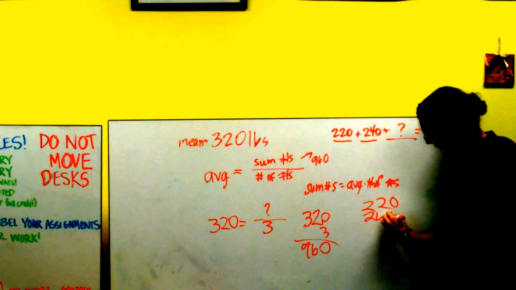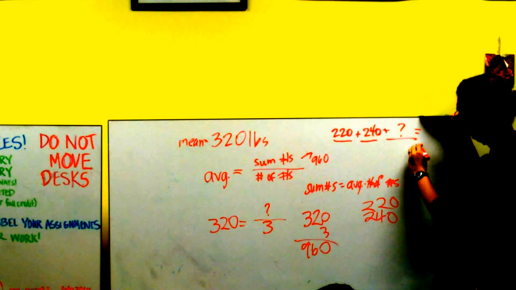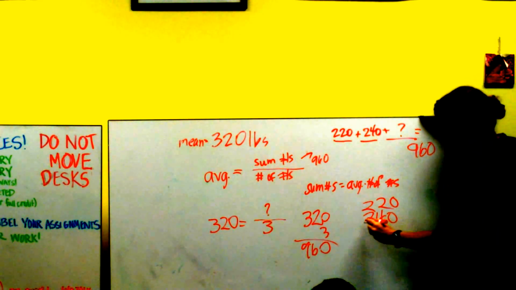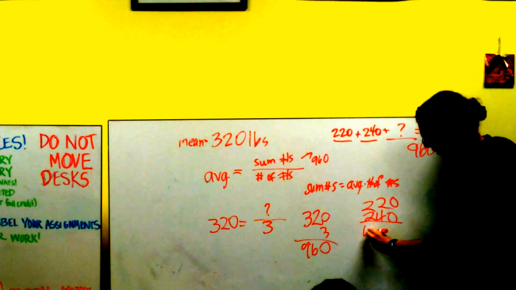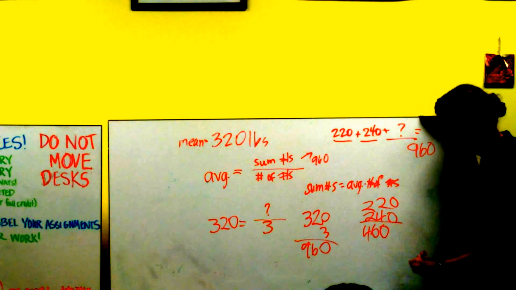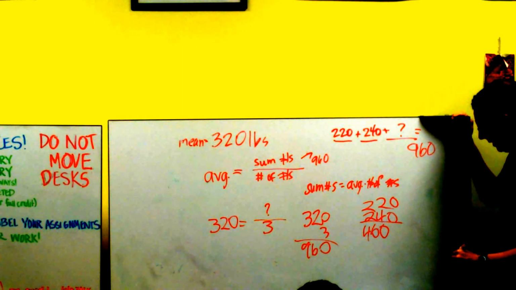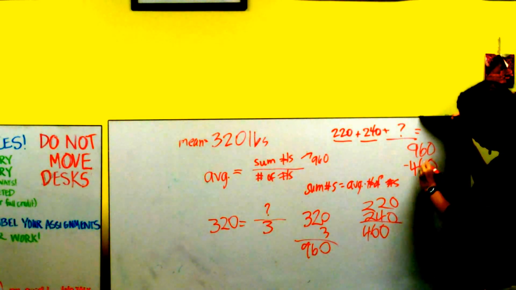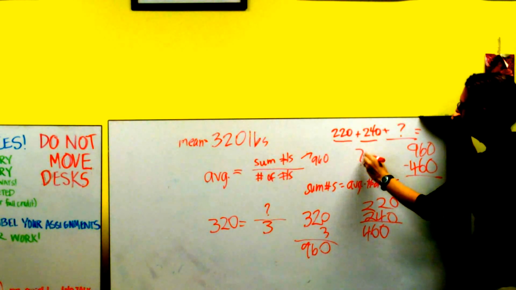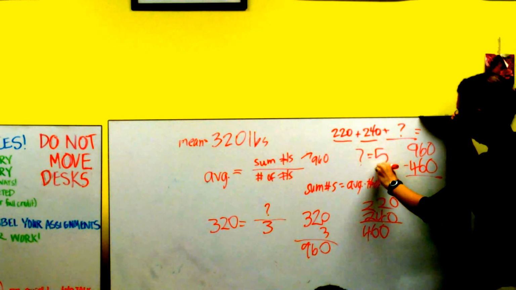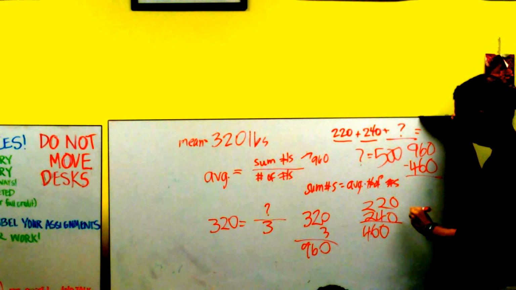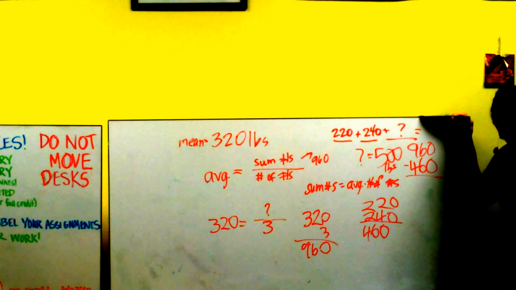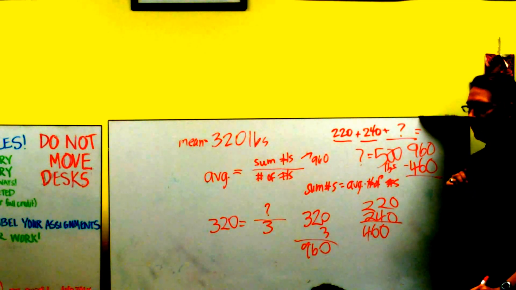Good. So what is 220 plus 240? 460. So, now what's my third pig's weight? 500. I have to take my 460 away. So my third pig is 500 what? Pounds. 500 pounds.